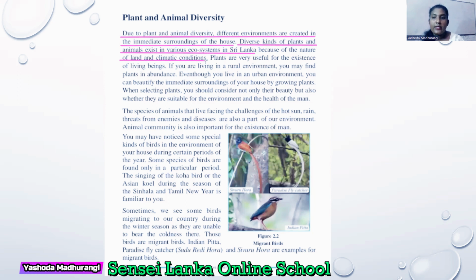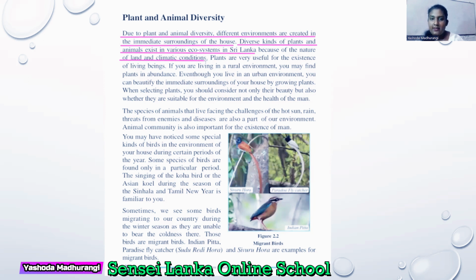Why are there different plants? Because of land. In a hilly area, we can see rubber cultivation, tea cultivation. And also, when you go to Nuwara Eliya, it is a cold area. The weather is very cold. We can see beautiful flowers like roses. And then climatic conditions.